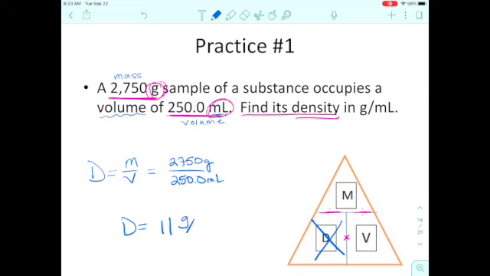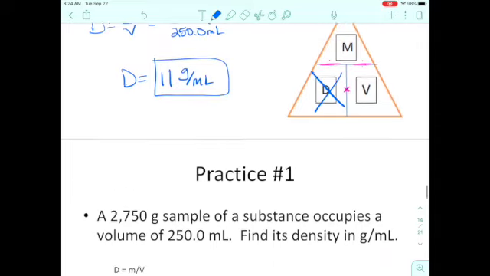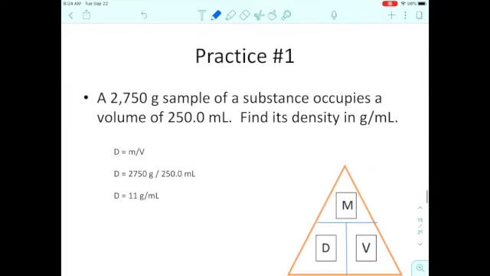It's there because you're doing mass divided by volume, so grams divided by milliliters. So that's why the units for density are the way they are. Okay, on the next slide we can check our work here. So, yep, that's what we got.